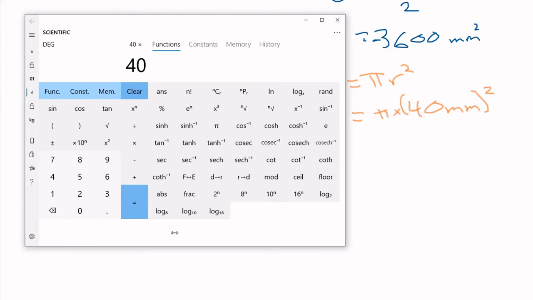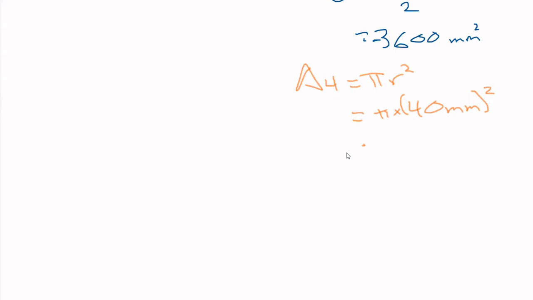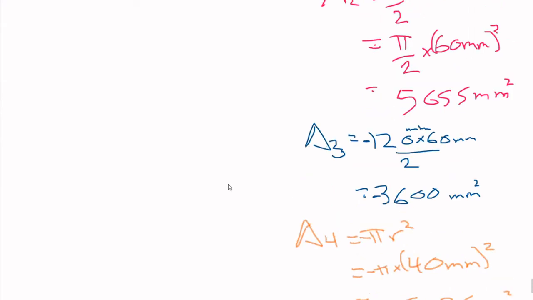So 40 times 40 times 3.1415 gives negative 5,026. Okay, so we got that.